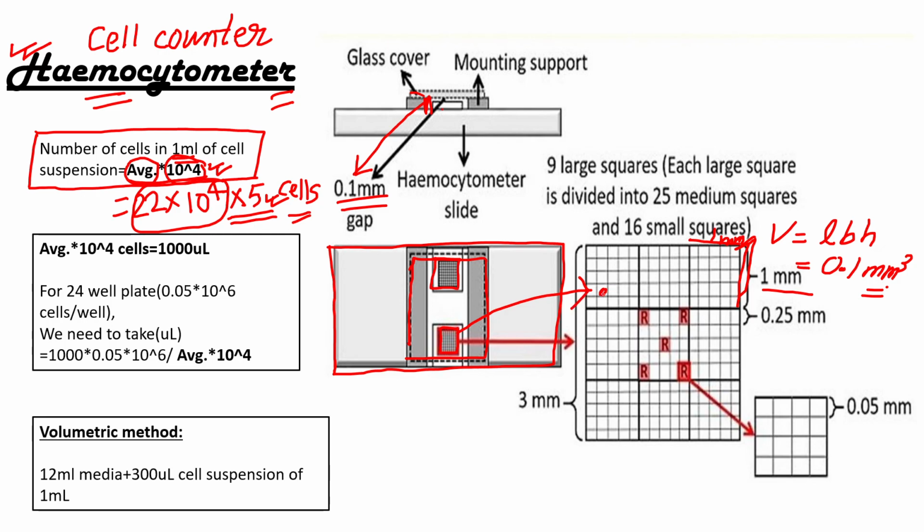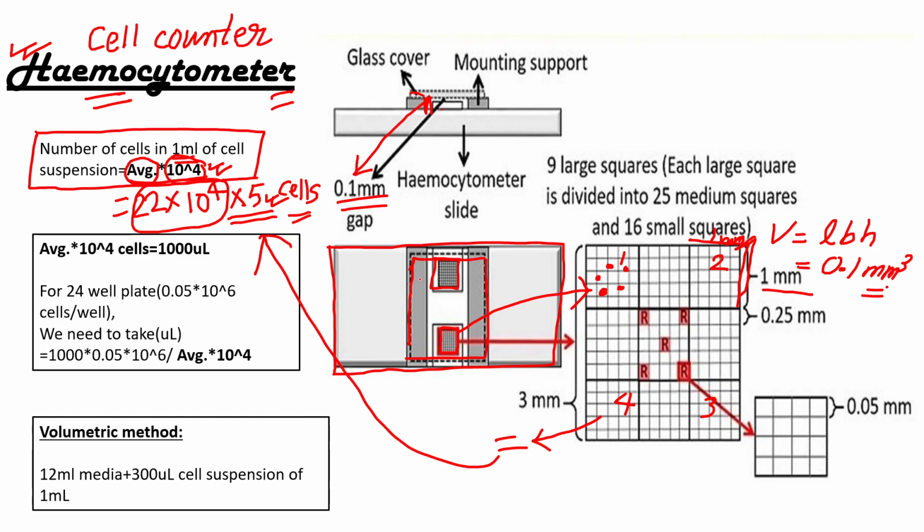The number of cells will be these round structures, 2, 3, 4, 5. In this way you count the number of cells in this quadrant, here and here, find the average number of cells and put it in the formula.